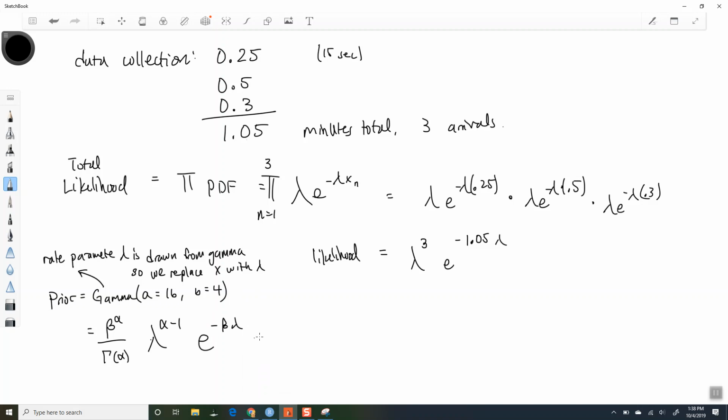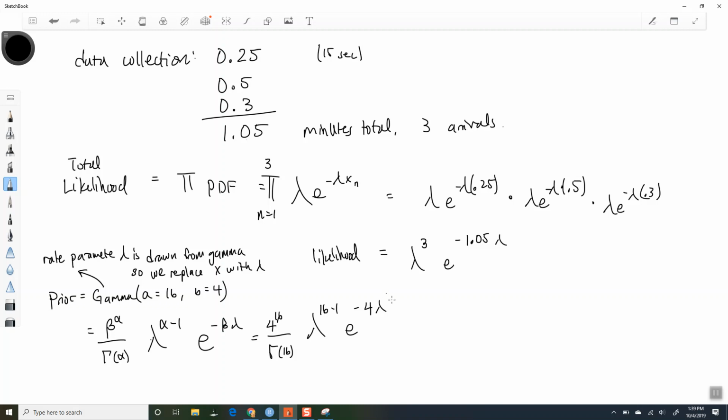Right now, with our prior values of 16 and 4, we've got 4 to the 16th divided by gamma of 16. I don't know what that is, that's some crazy number. And then this is going to be lambda to the 16 minus 1 and e to the negative 4 lambda.